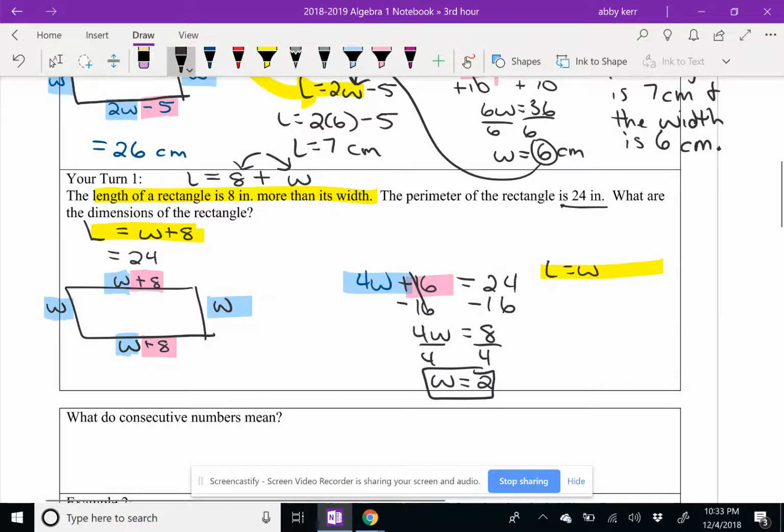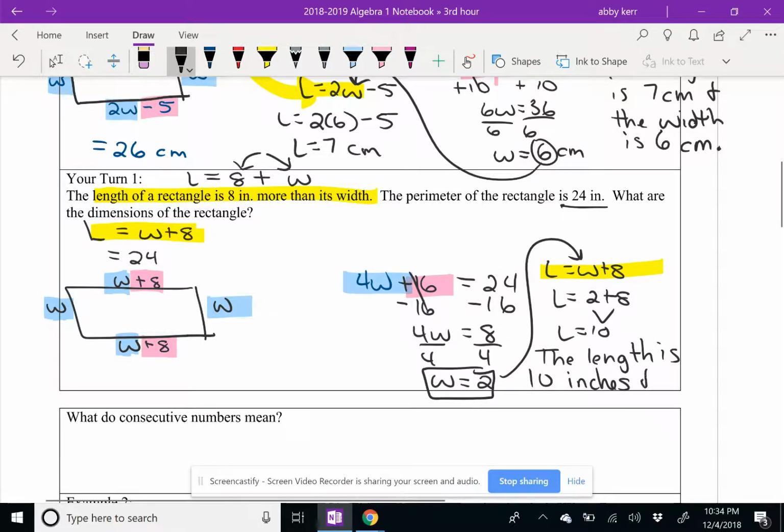L equals W plus 8. So L equals 2 plus 8. And then L equals 10. So the length is 10 inches. And the width is 2.